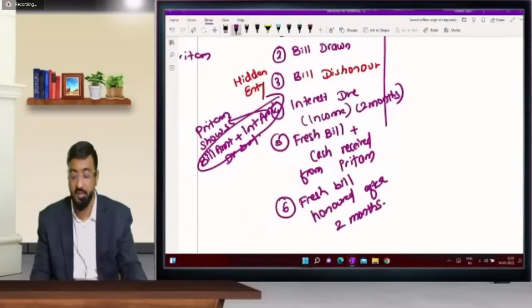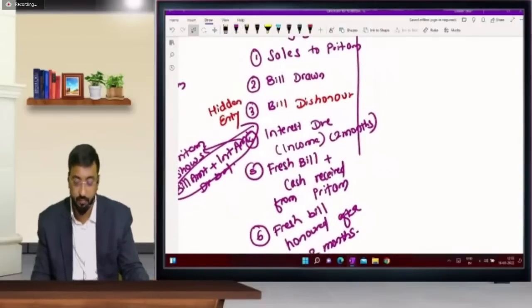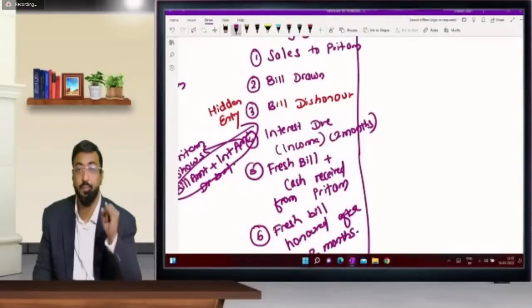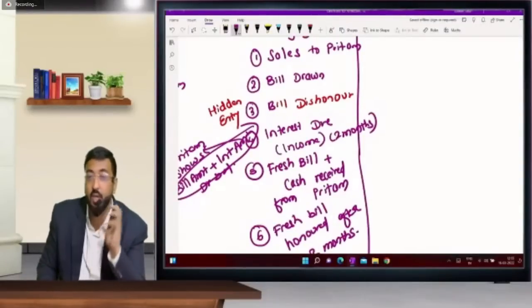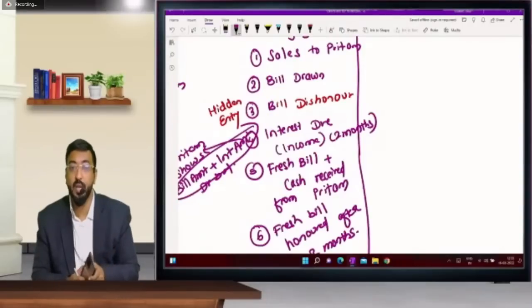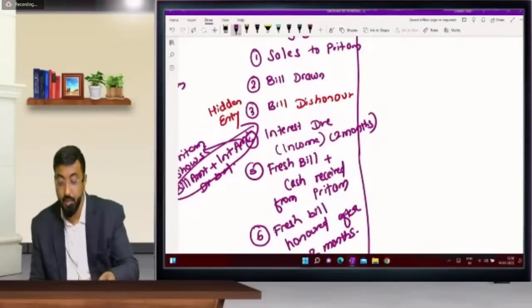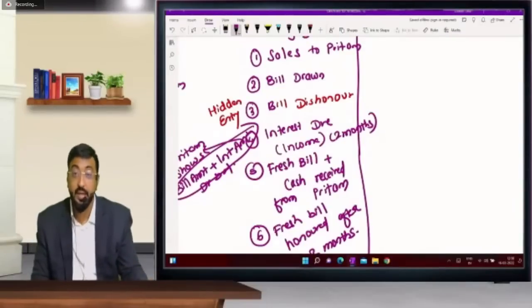So this is a sequence. How many entries are you going to pass? 6 entries. Write down this sequence. If you focus on this sequence, you will never find this chapter difficult. You have to focus on this sequence. Sales to Pritam, then bill drawn on Pritam, then bill dishonor, hidden entry, interest income for 2 months.